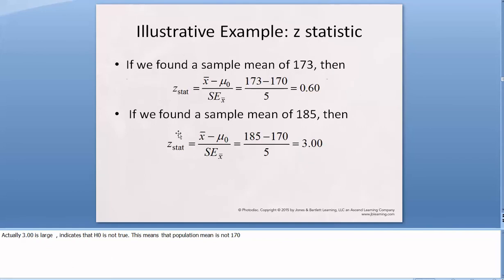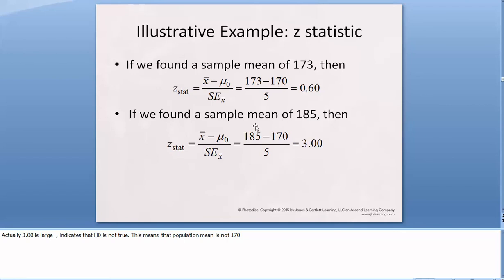The z would use 173, because that is the sample mean we found based on 64 men. The hypothesized mean value is 170, which is what we are saying is the average body weight of men. So 173 minus 170 divided by 5 will give you this. Now this is actually a small value in a relative sense. So if you get the sample mean to be 173, it's telling that the average body weight of men has not changed much from 170.